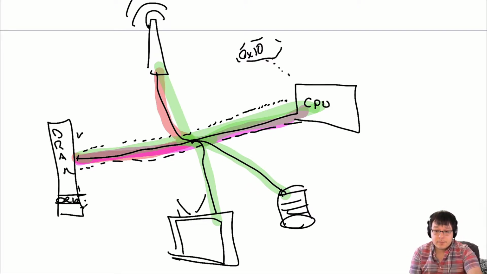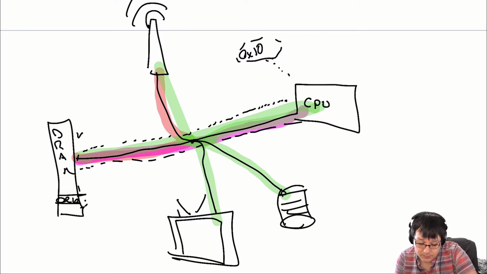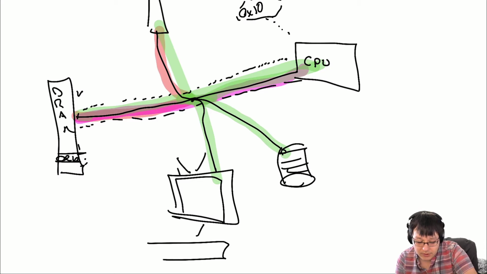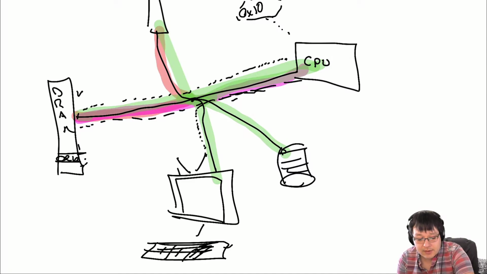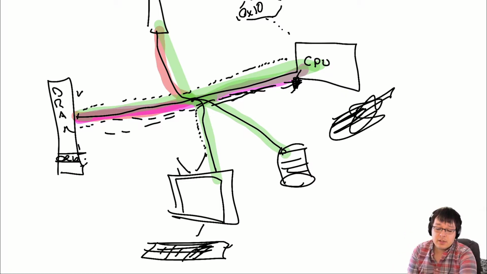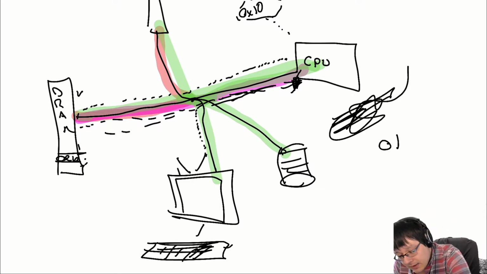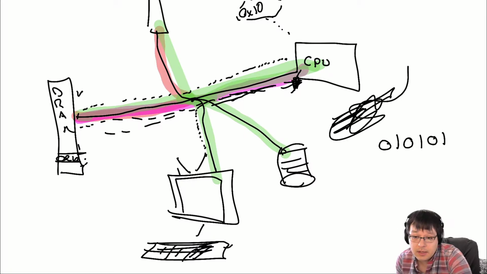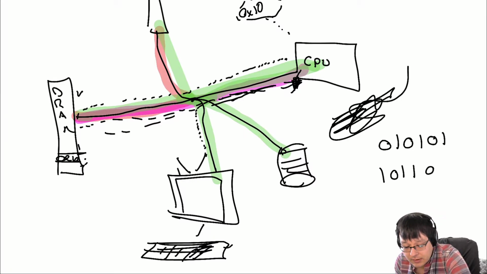But in the meantime, suppose there was also a keyboard, and you smash your keyboard, and now that's sending a signal. That signal comes at the same time as the signal coming back from the DRAM, so you get garbage back at the CPU, because both signals came together, and one had one bit sequence and the other had another.